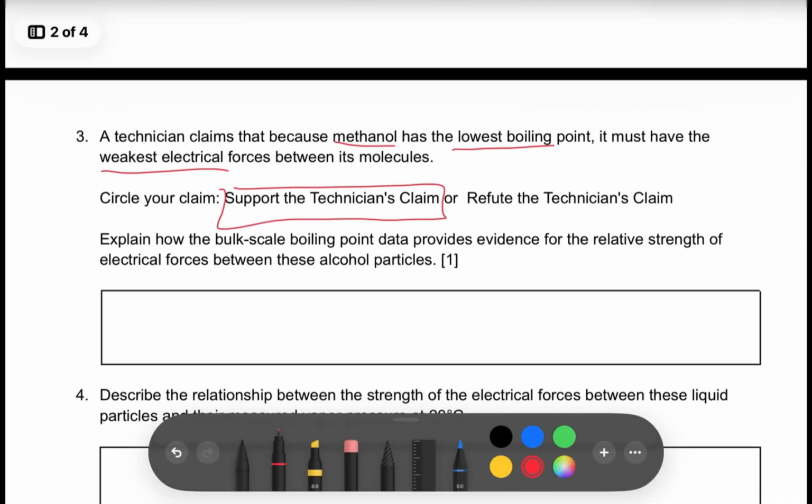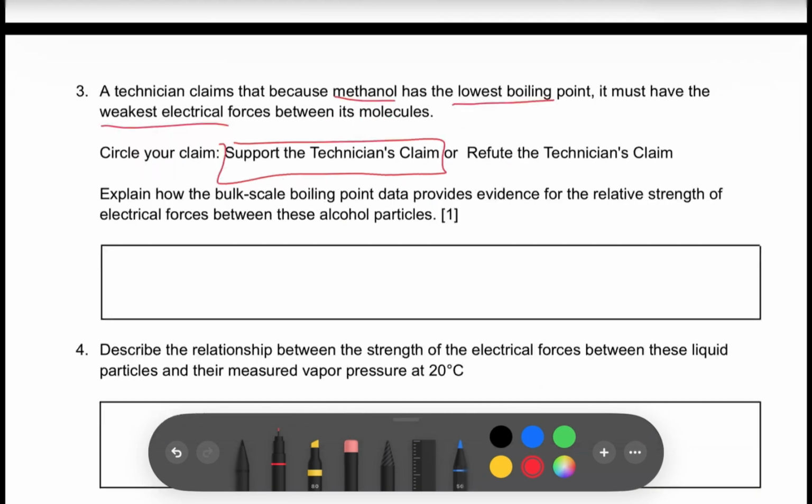Because just like we talked about earlier, a lower boiling point means that you only need less energy in order to get the molecules to start separating. And if you only need just a little bit of energy to get the molecules to start separating right away, that means that the forces holding these molecules together aren't that strong. So we can say that a lower boiling point means that we need less thermal energy in order to overcome the attractions between the particles. So it means that methanol has the weakest electrical forces between its particles.